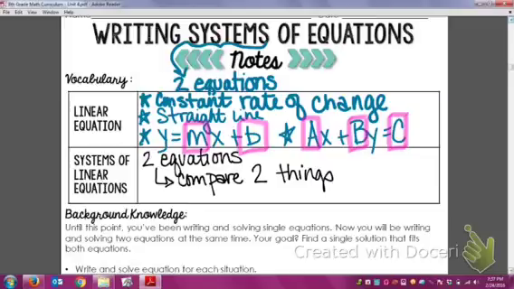Okay. So compare two things. And the two things that they usually are going to compare is money. Money will usually always be a part of it. Not 100% of the time, but usually always. And the second thing will be something that can be counted, like a quantity of something. That quantity, it could be time.